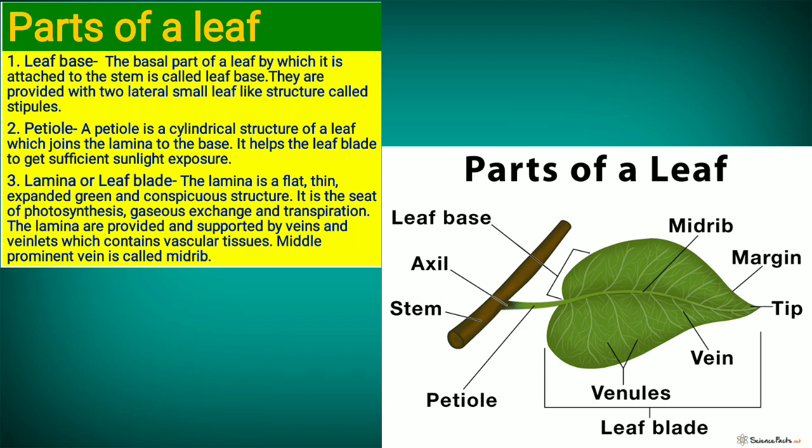As you can see in the diagram, the lamina possesses a tip, it also possesses the leaf margin, and the axil point is shown in the diagram.